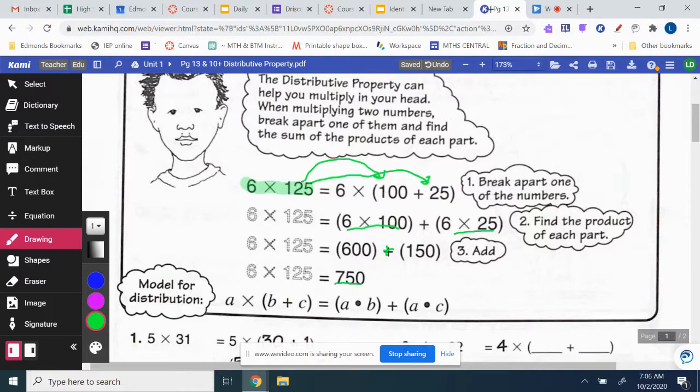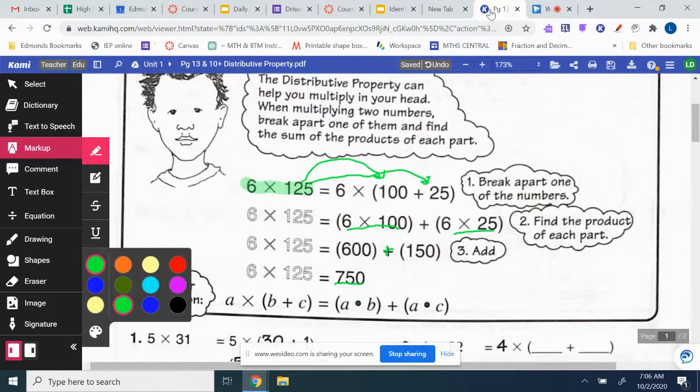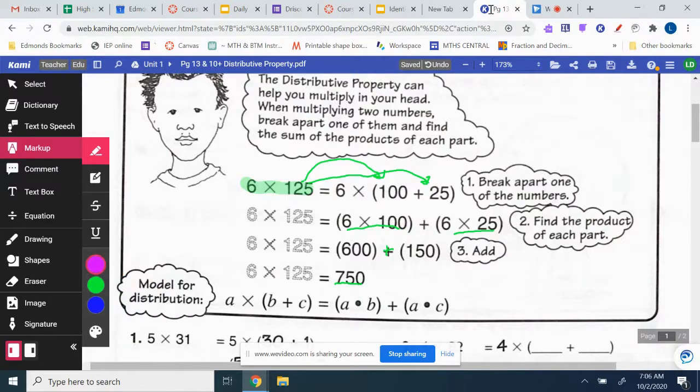If you were to put into your calculator 6 times 125, you would get 750. This is really cool how numbers can be taken apart and put back together. Now, math always comes with numbers. And I want you guys to notice that this is the formula for distributive property. We're going to be using this from here on out in all of your math. It's kind of a cool thing of how it works.